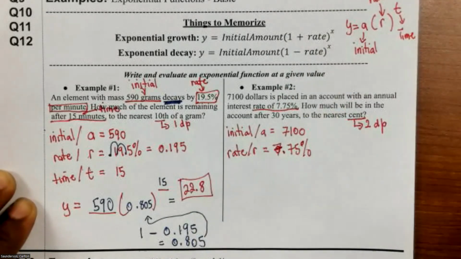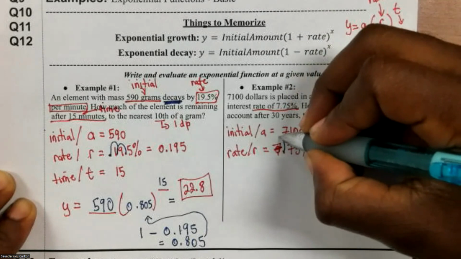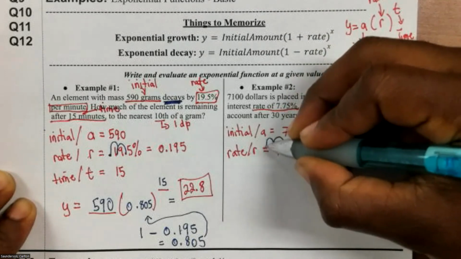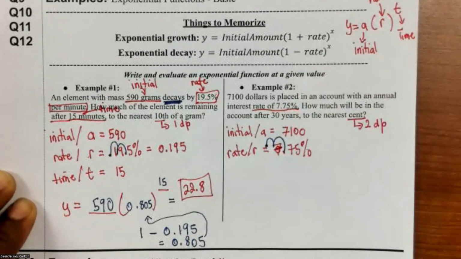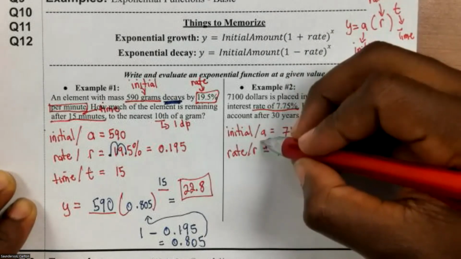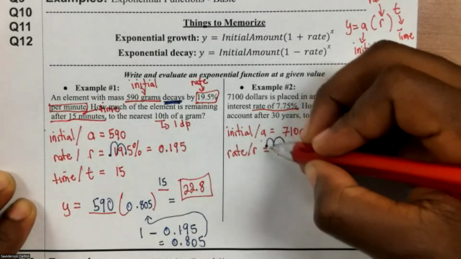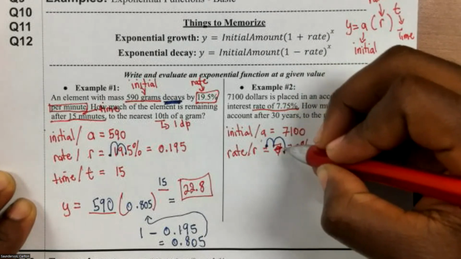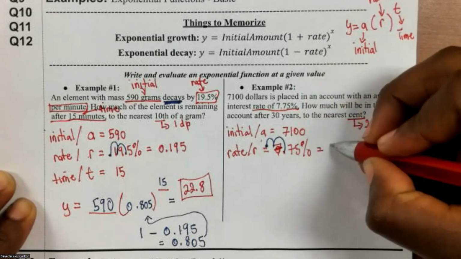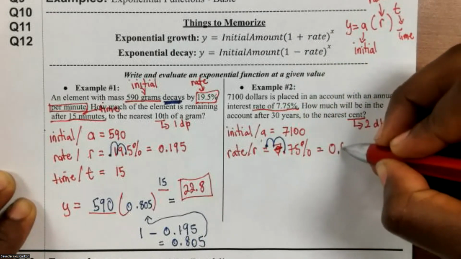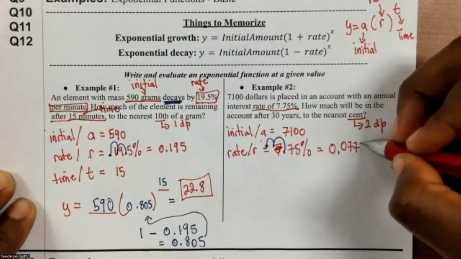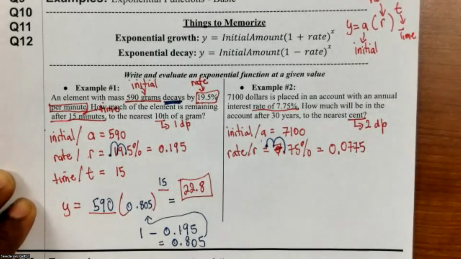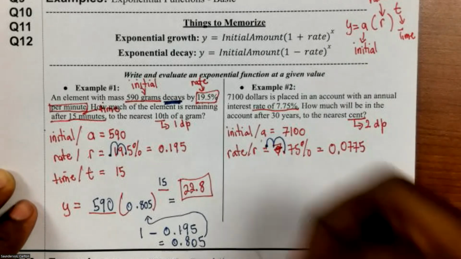So we just move the decimal point 2 times to the left, like Beyonce. You put 0 as a placeholder, so we have 0.0775.